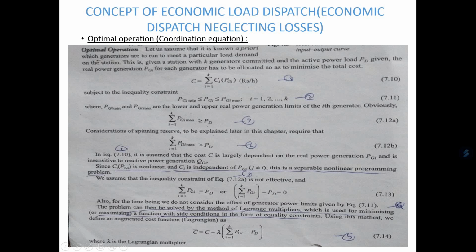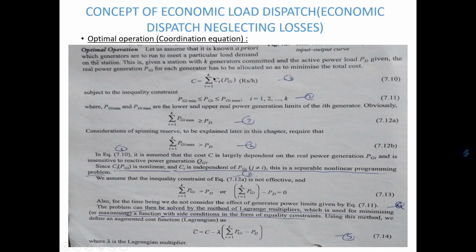The fuel cost equation for a generator is represented by capital C. Here we are considering that there are k number of generators, and that's why the total fuel cost is the sum of the fuel cost of the individual generators.